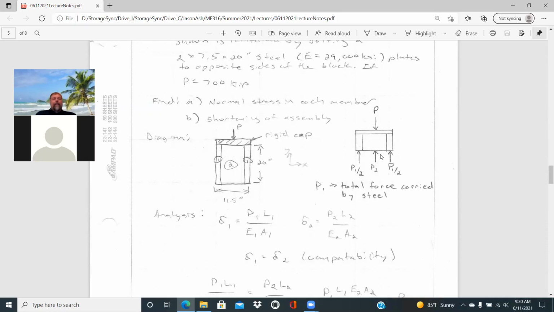And so that's just a little trick I learned back in the day to kind of help out with that process if you're 100% confident on the sign of what's coming out there. So the other thing is that P2 is the force of the oak, the force that it's supporting, and then P1 is the total force carried by the steel. And so the way I did this was half of P1, so P1 over 2 for each one of these.